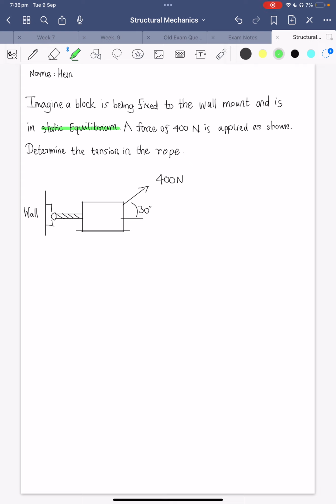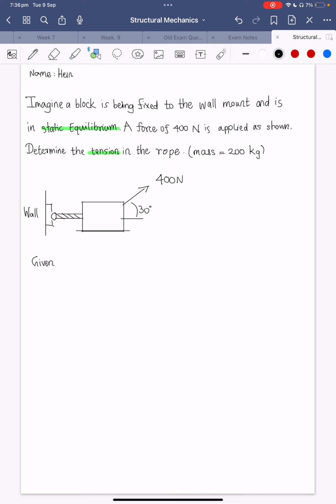So yes, we know the configurations determine the tensions in the rope. And of course, I have to give you this. Your mass is 200 kilogram.